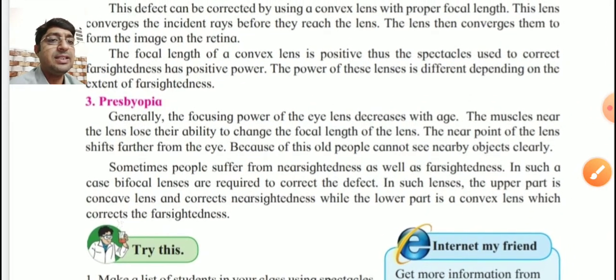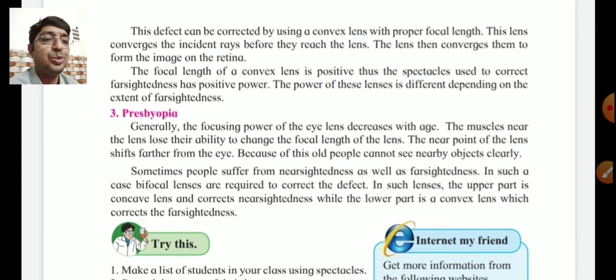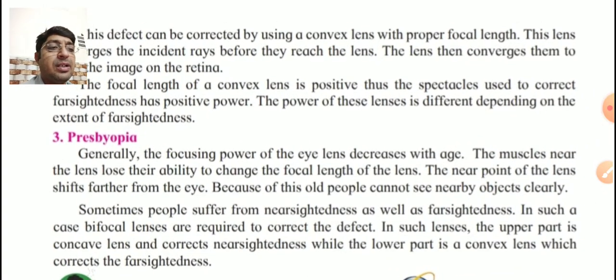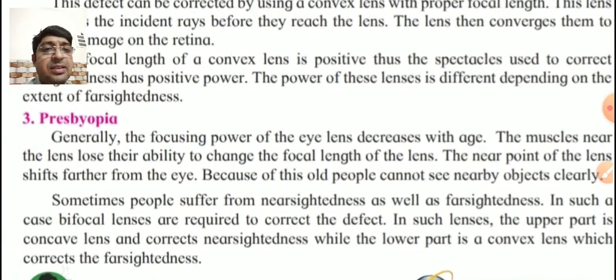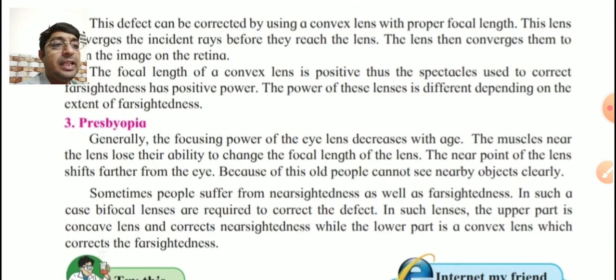So in this way, this is the second defect, hypermetropia, after myopia. 2 defects over. Now third defect is presbyopia. Here a 2 to 3 marks short note is asked. Generally, the focusing power of the eye lens decreases with age.